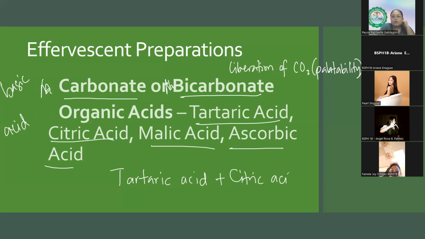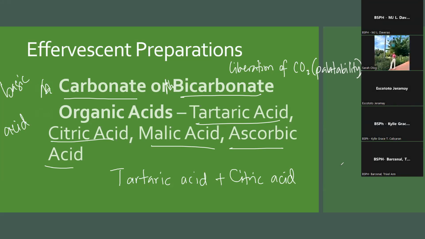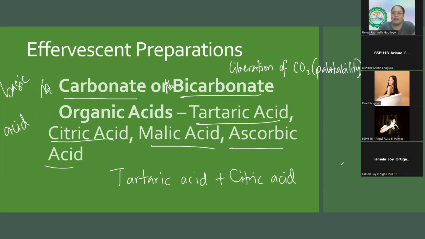Kagaya kanina doon sa magnesium hydroxide and aluminum hydroxide. Sabi ko, kailangan talaga sila i-partner para walang side effects. Kasi si aluminum can cause constipation, si magnesium naman can cause diarrhea. This time, si tartaric acid and si citric acid, may mga downside sila kapag single, pag solo mo lang siyang ginagamit.